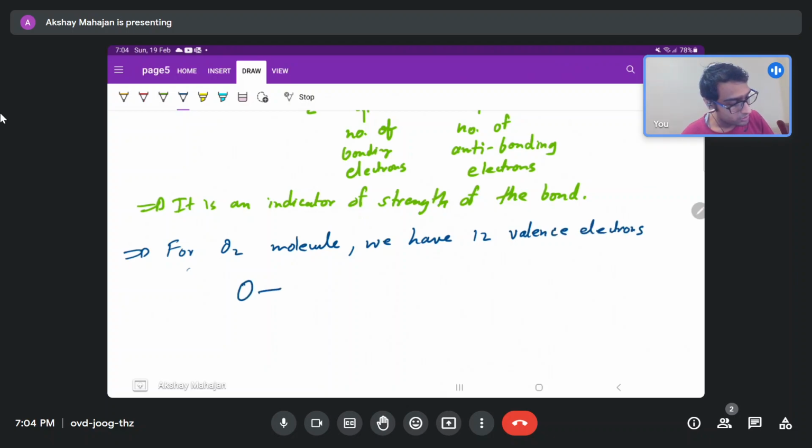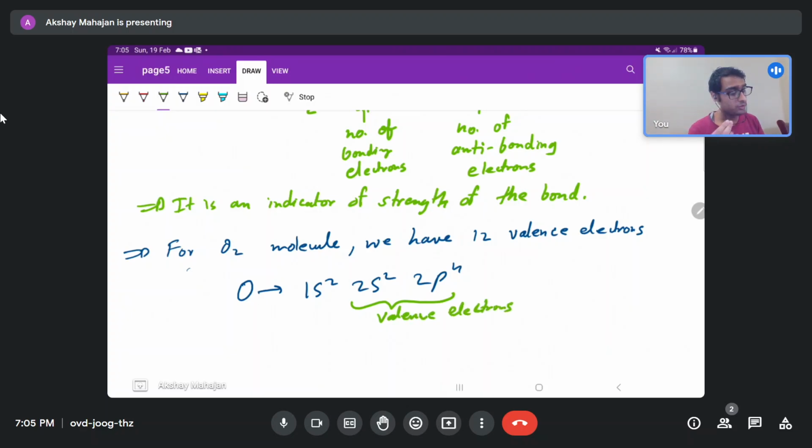For oxygen, you know that we have 1s2, 2s2, and 2p4, and these are our valence electrons. So this is what we are going to solve for.